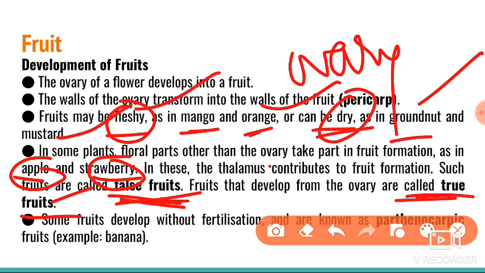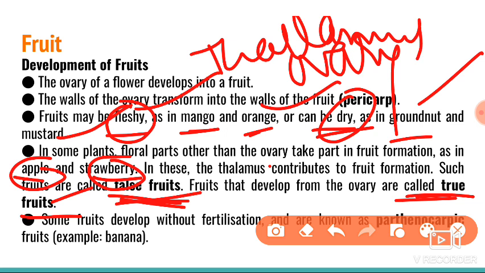The ovary is not completely involved in the formation of the fruit. The thalamus is also involved in the formation of the fruit. So it is false. Such fruits we call false fruits.